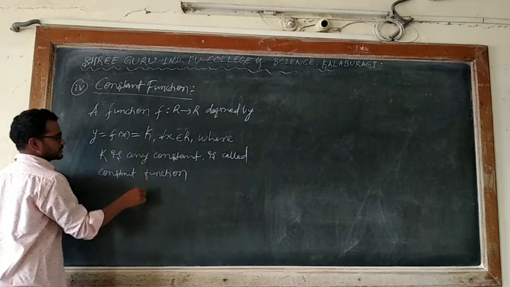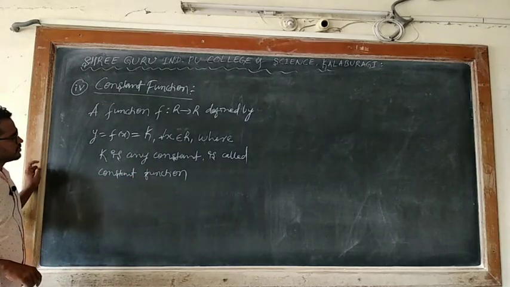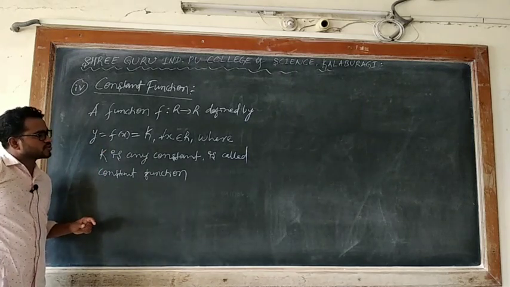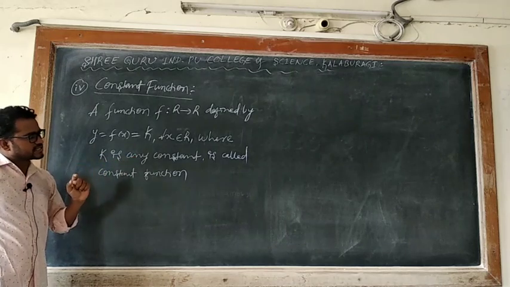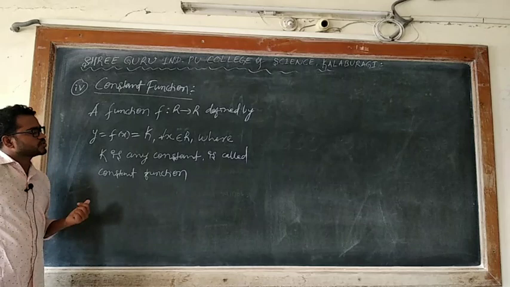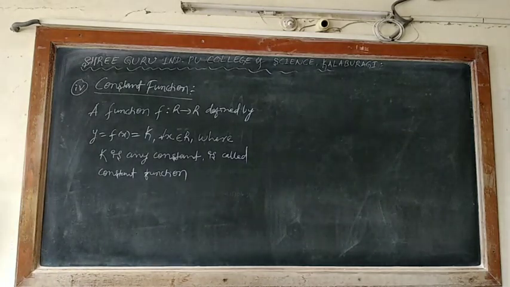What is happening here? A function f from real numbers to real numbers defined by y is equal to f of x is equal to k, where x belongs to R, where k is any constant, is called a constant function. K may be any number. Domain is nothing but you can take any value, but the y value is one particular constant.